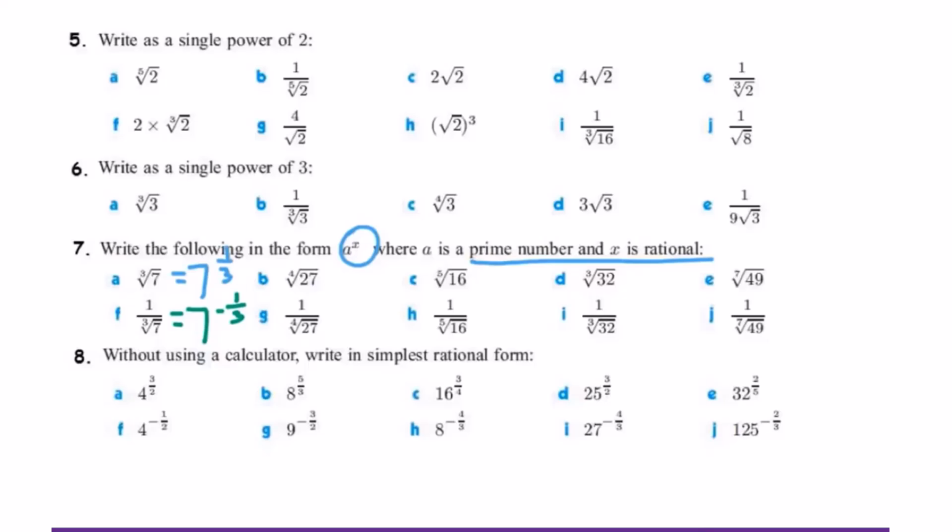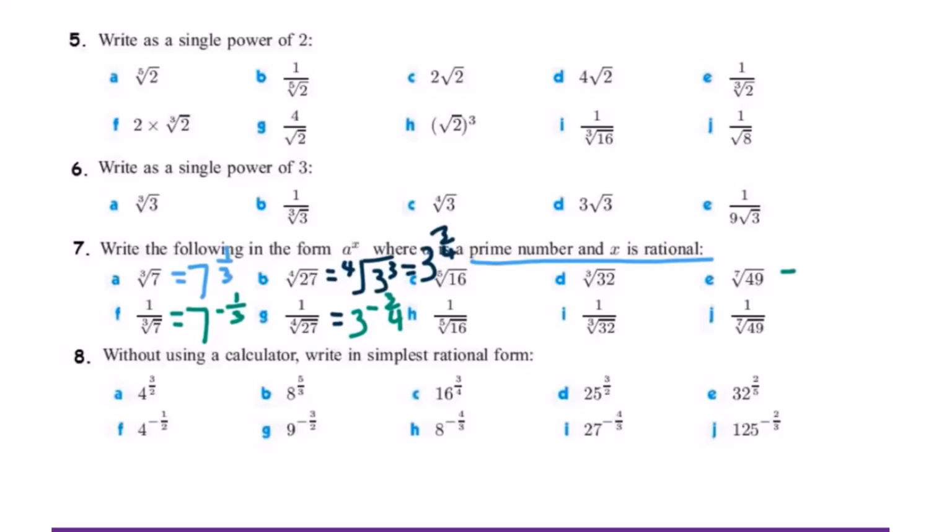For the b part, I can write down 4th root of 3 to the 3rd power, means 3 to the 3 over 4th power. Therefore, for the g, I can write down 3 to the negative 3 over 4th power.